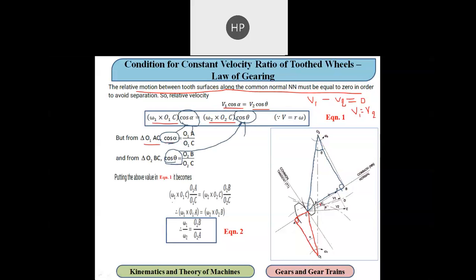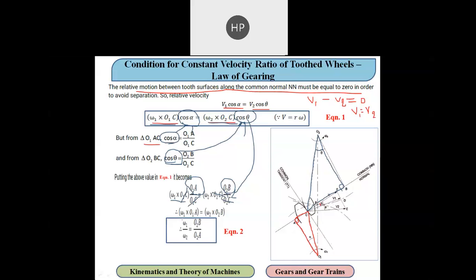So what will it become? Omega 1 O1C will remain as it is. Now instead of cos alpha, we have O1A divided by O1C, equal to omega 2 into O2C, which will remain as it is, and instead of cos theta we put O2B divided by O2C. Now O1C and O1C will cancel out, and the same way O2C and O2C will cancel out. So the equation will be omega 1 into O1A equals omega 2 into O2B.